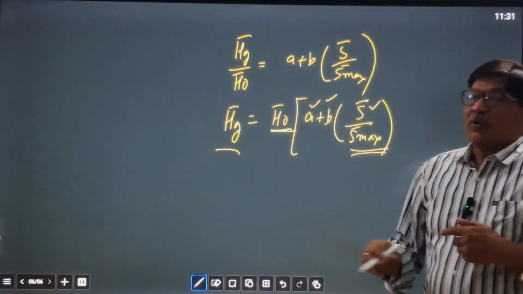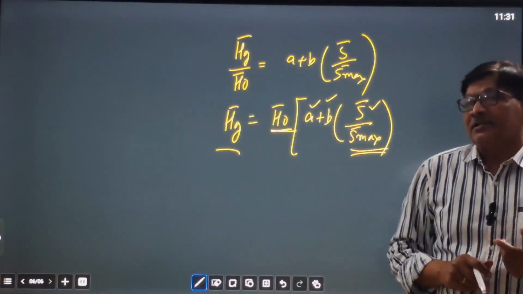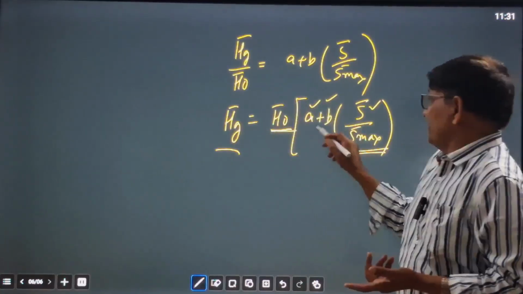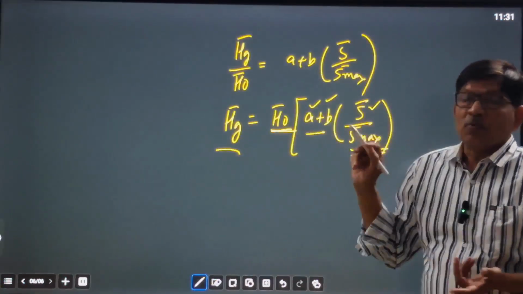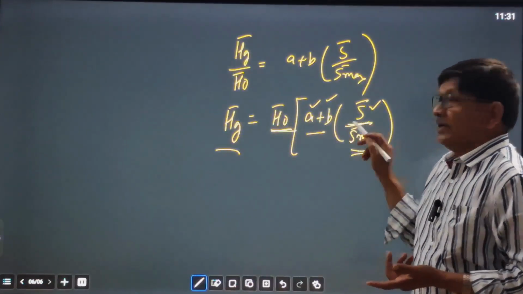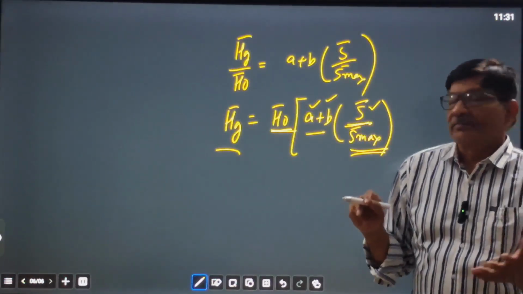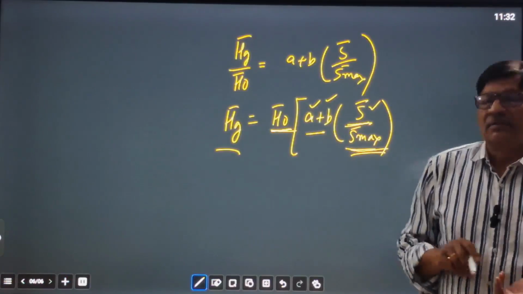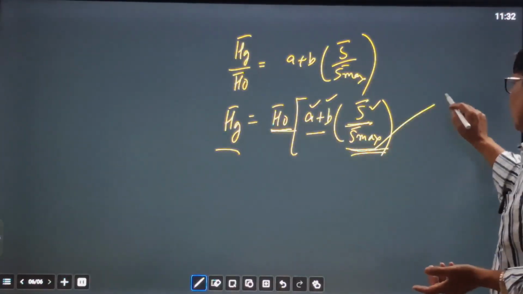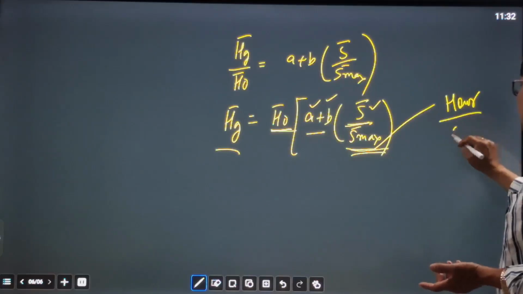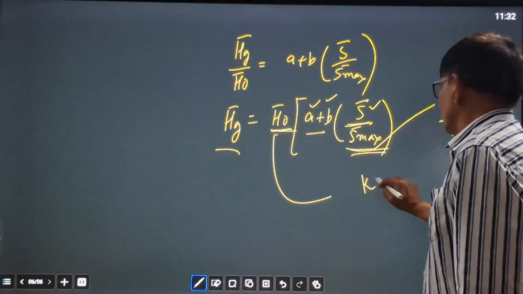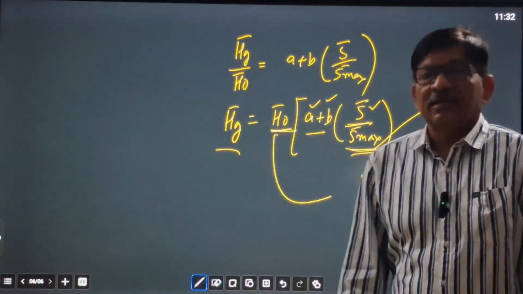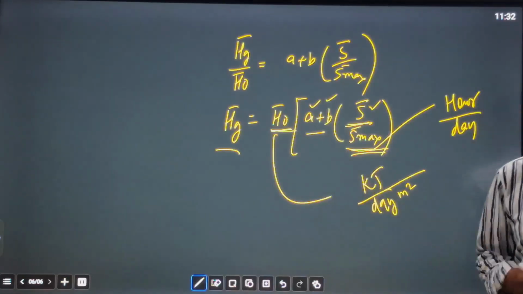Hg means global irradiance, daily average on a monthly basis, falling on the horizontal surface. a and b are linear constants. S bar is the average per day sunshine hours. S maximum bar is the maximum possible sunshine of the whole day, monthly average. Hg is in kilojoule per day per meter square. These are constants, and this equation is very important.